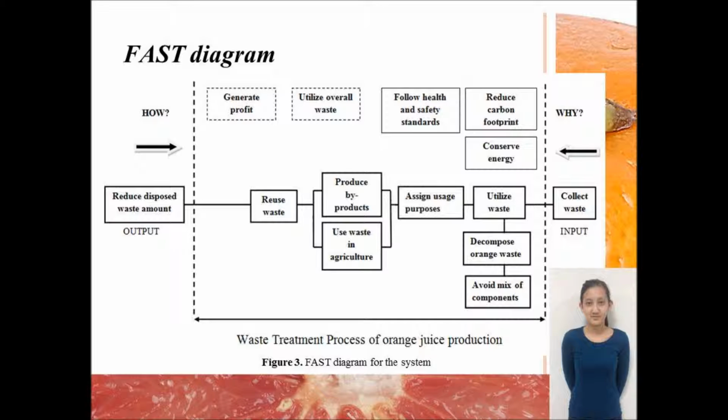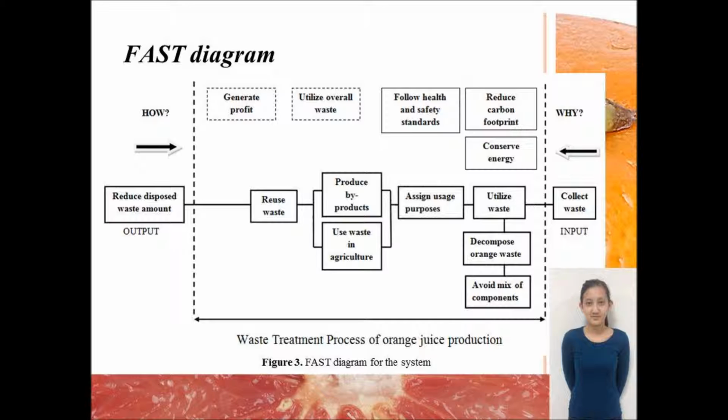This sequence is generated based on the questions why from right to left and how from left to right. For instance, why should waste be collected? The purpose is to utilize waste, and in the same manner for the further steps. Special parameters of the process will be found on the upper region of the diagram, where dashed blocks correspond to design criteria that should be taken into account during the pathway.